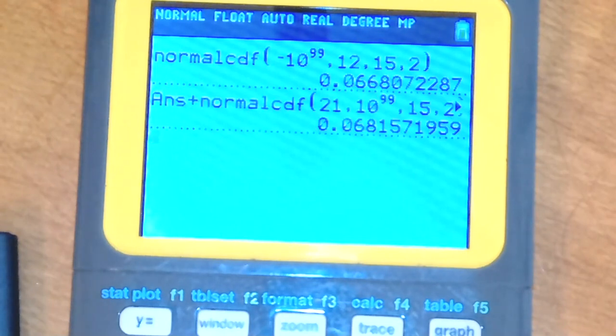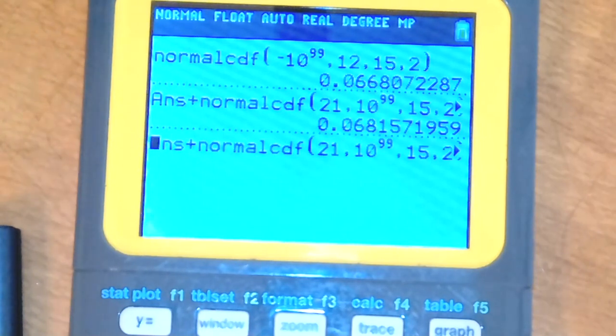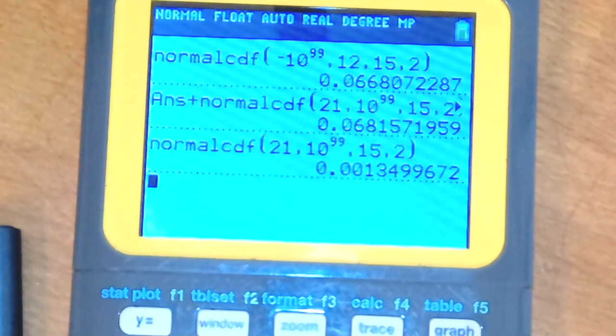And when I add those together, my total answer is going to be 0.06815. And let me just get rid of this plus here. And let's see. So it really was a 0.0013.